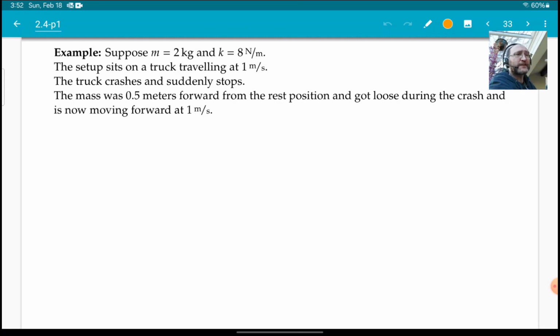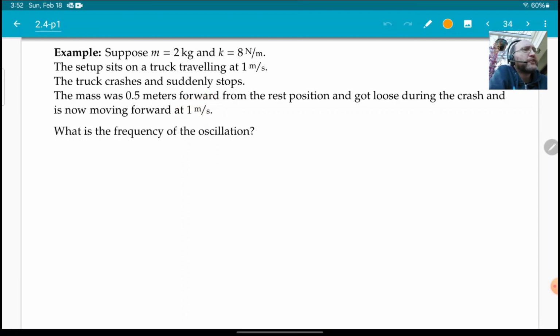It was on top of the truck, and the truck crashed, so the truck is stopped. But now the mass is moving forward at 1 meter per second, because that's how fast it was moving when it was fixed on top of the truck.